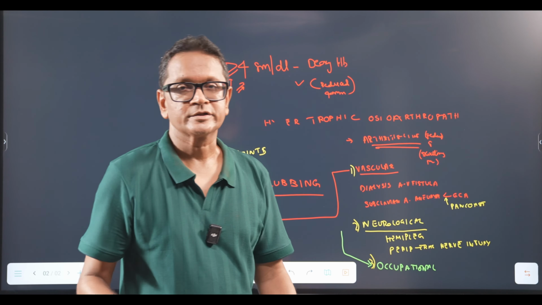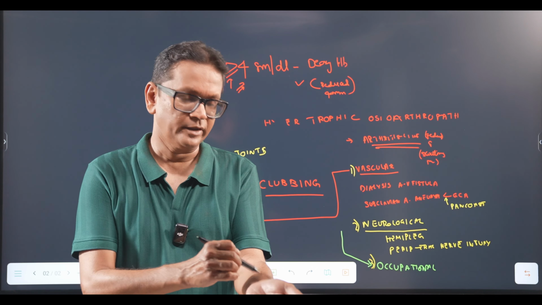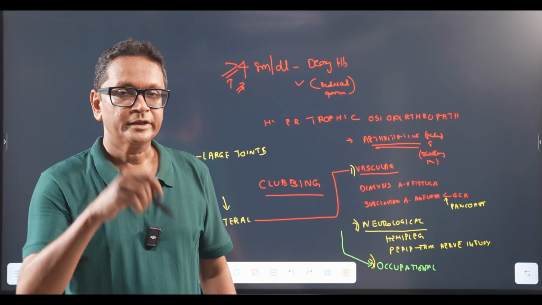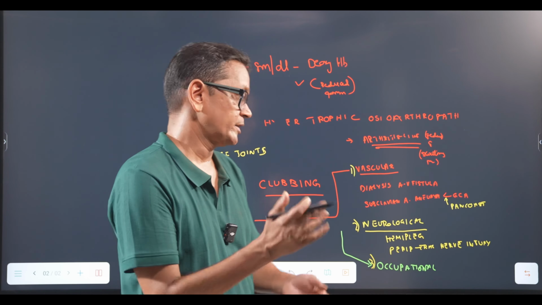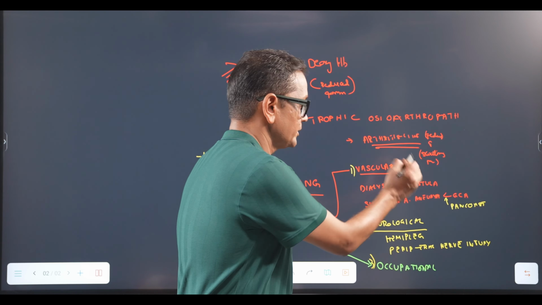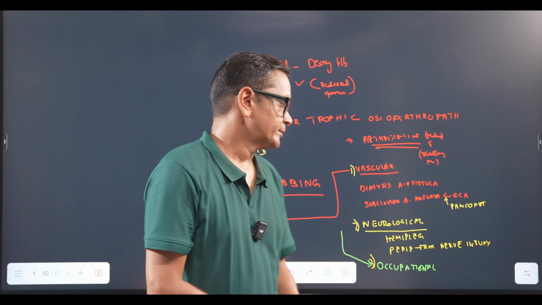Especially those patients who are on dialysis, means hemodialysis, they have one fistula joining artery and vein, usually in the forearm. So it can lead to increased blood flow. So in that affected hand, sometimes the patient can have clubbing. So dialysis-related AV fistula can lead to clubbing.